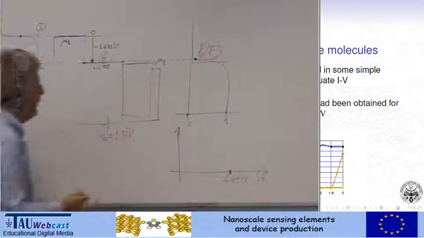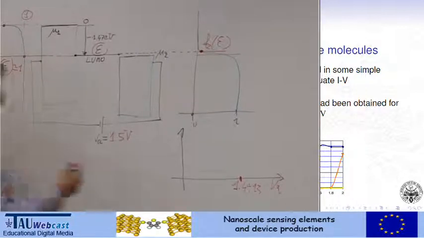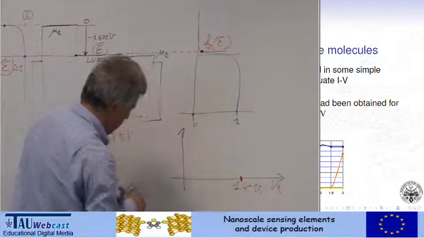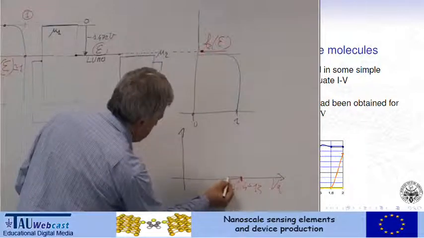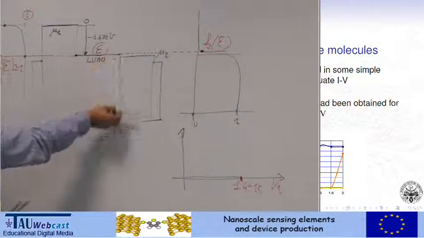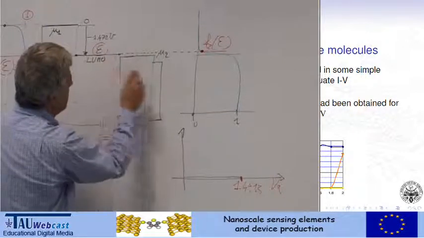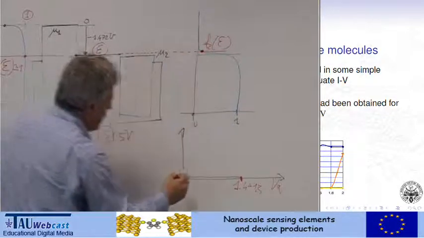So the current will be 0 on the left of this threshold, and probably when the right electrode is below the Fermi level, the quantity of current will increase quite a lot.